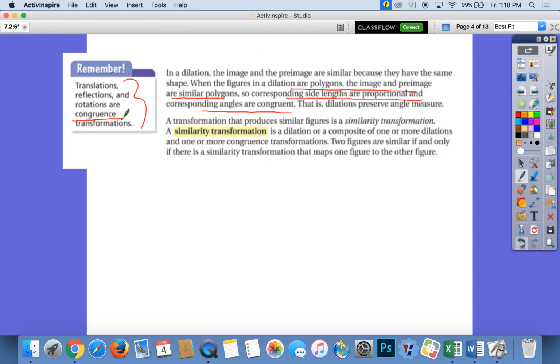So they're congruent because they just take the same exact shape and size, and they move them around the coordinate plane. The dilation is going to be a similarity transformation because it takes that figure and it expands it and contracts it, and it keeps the figure similar, but it isn't going to keep it congruent.